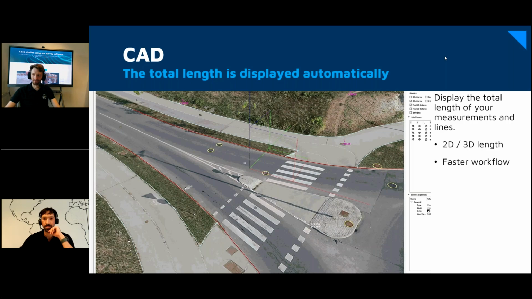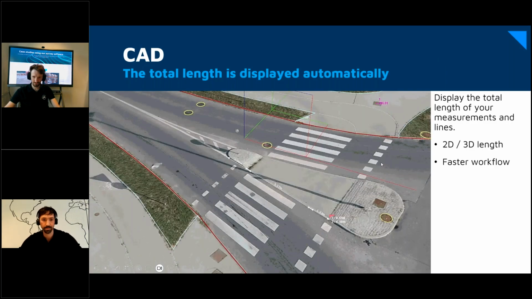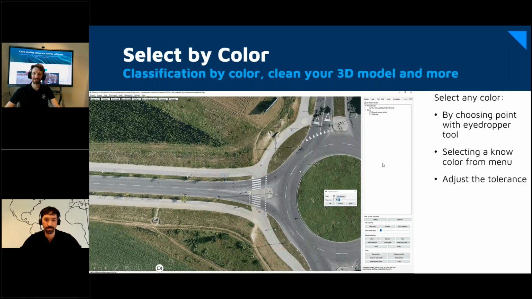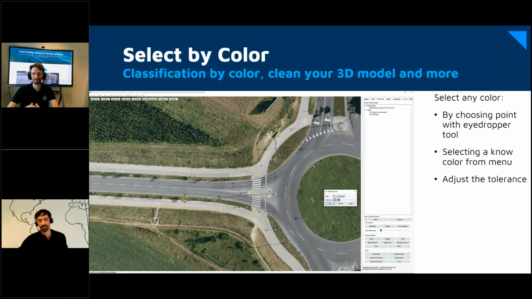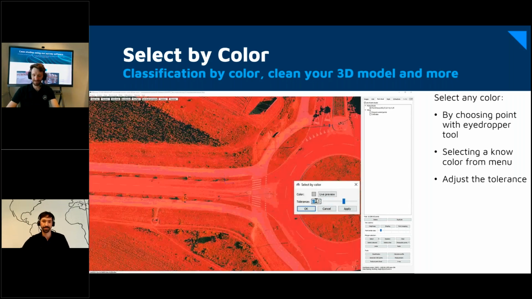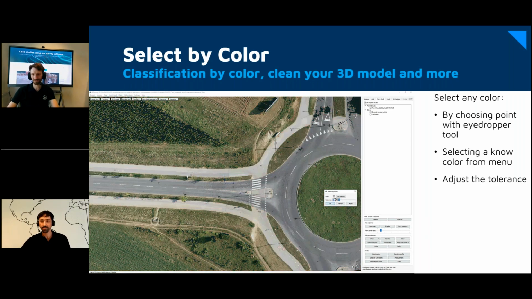Okay, next thing on the list is our very exciting new feature that we called Select by Color. This has been a very curious feature. It was requested by our users.